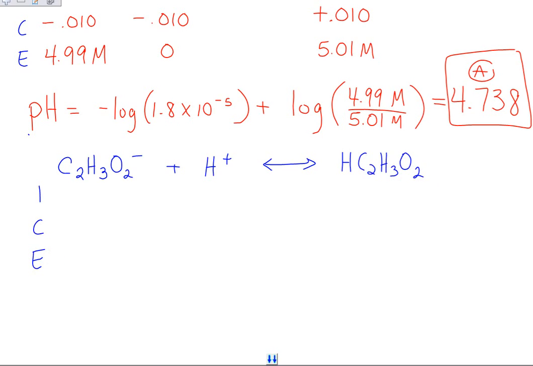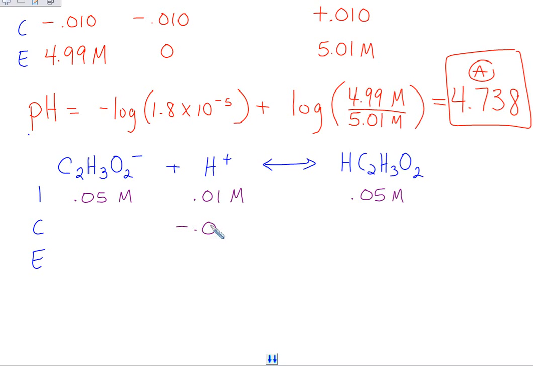And now we plug in our original concentrations. This time they were smaller, 0.05. I don't know why that's only 1 sig fig, but it is. The hydrogen's the same, 0.01 or 0.010, I guess. And then this guy's 0.05. So again, I'm going to try to react this as completely as possible.